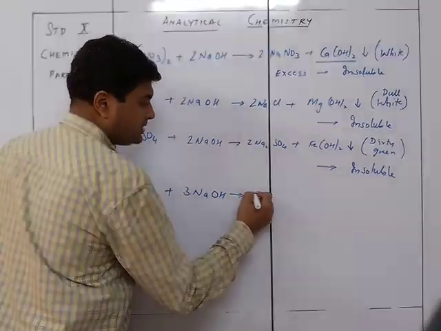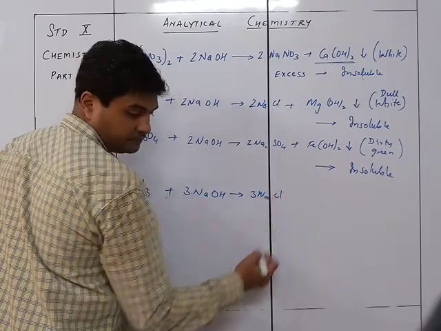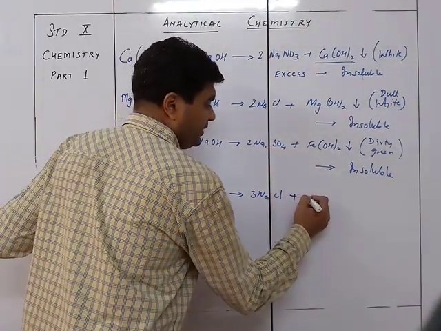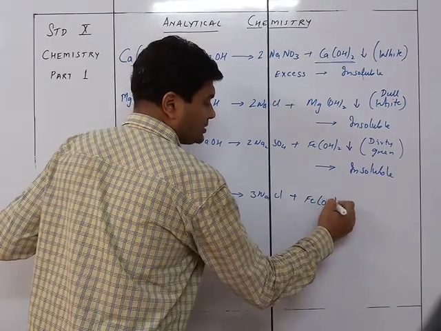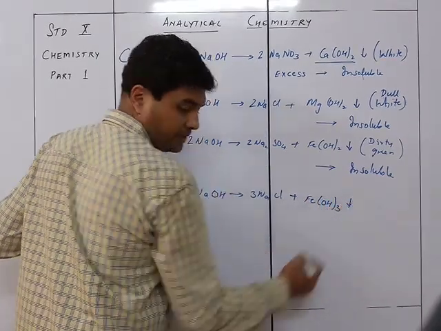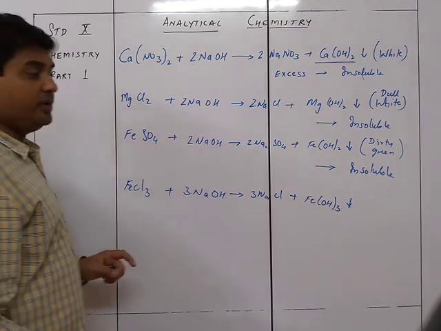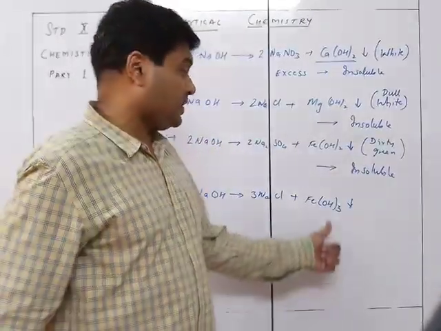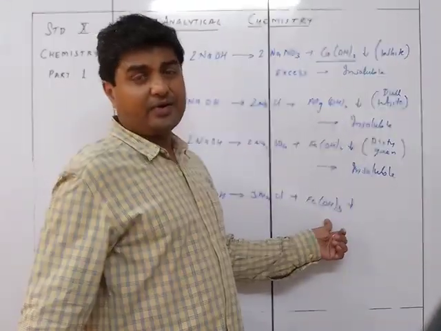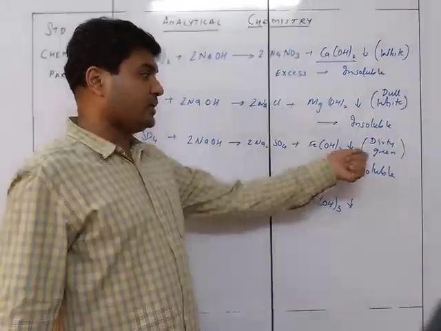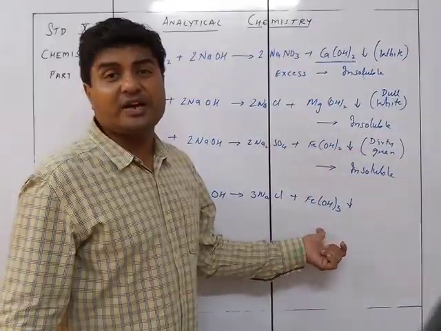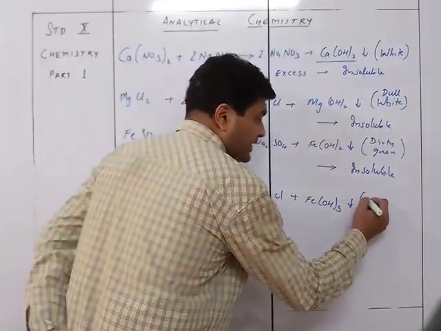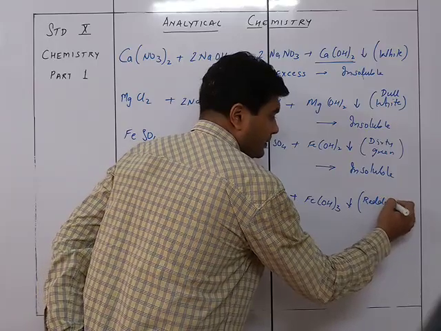It is going to give me 3NaCl plus Fe(OH)3. This iron chloride gives the ferric hydroxide. This was ferrous hydroxide, dirty green. The ferric hydroxide is red in color, so it is reddish brown.